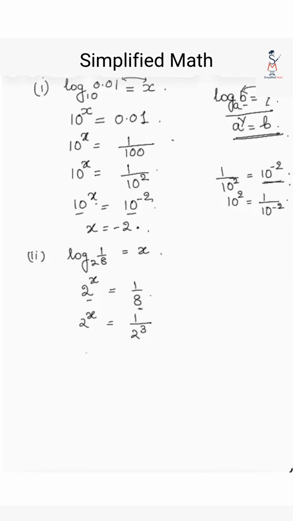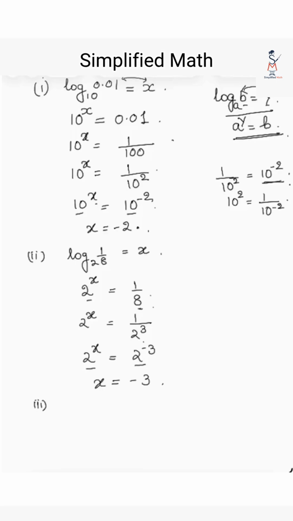We want to make the base same, so we change 8 into 2 raised to the power 3. So 2 raised to the power x is equal to 2 raised to the power minus 3, because when the denominator is brought to the numerator, the power becomes negative. Here the bases are same, so the powers will also be equal. So in this case, x is equal to minus 3.